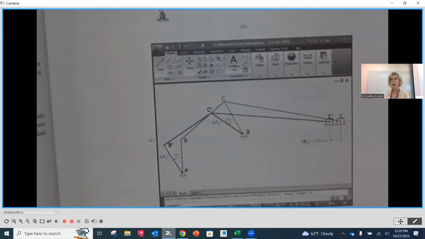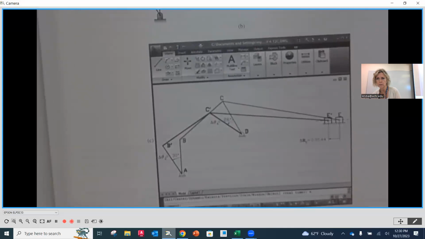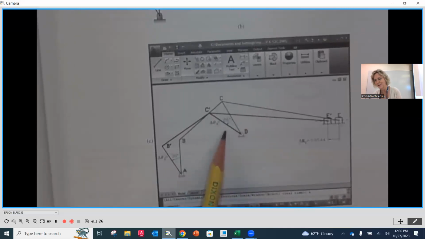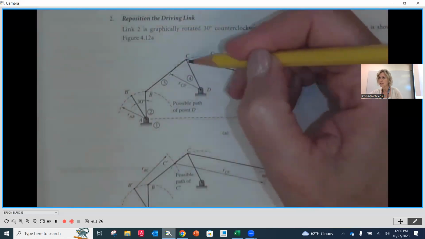Now, the problem wanted us to determine the resulting angular displacement of link number 4. They didn't keep their link numbers on here, which I want you to for our purposes, but link number 4 was C to D here.